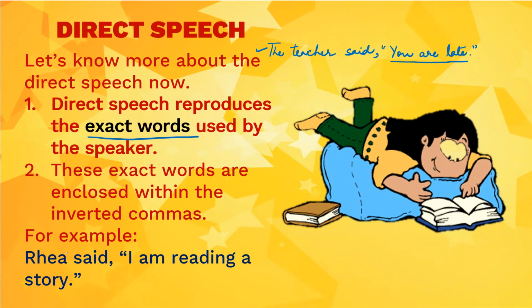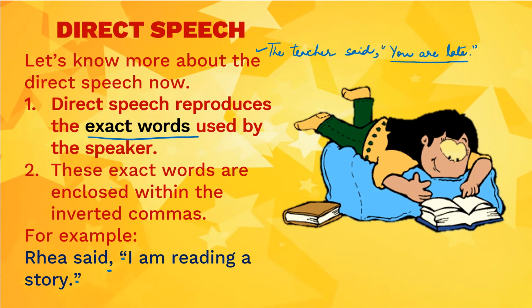Take another example. Ria said, "I am reading a story." Inverted comma again because it's a quote. This is something that one is quoting. This is something that one is reproducing. This is something that somebody is narrating or reporting exactly in the same way the speaker had spoken.